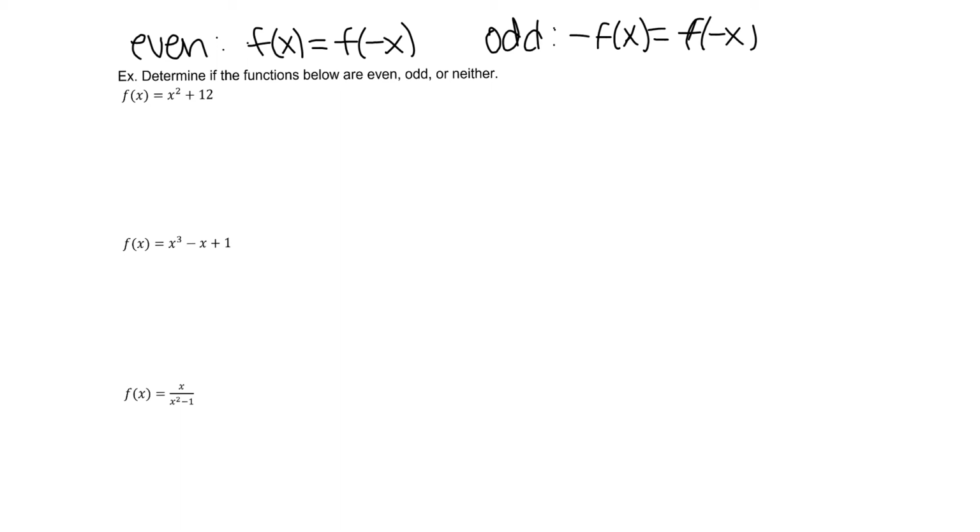Since both of these tests involve finding f of negative x, that's always going to be my first step when determining if a function is even, odd, or neither. I'm going to find f of negative x first.